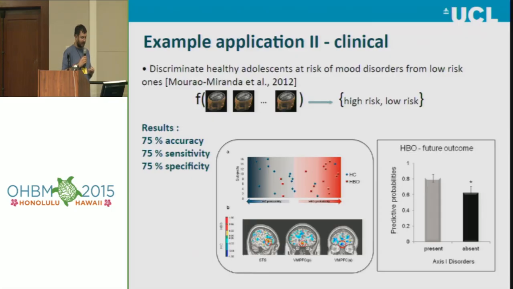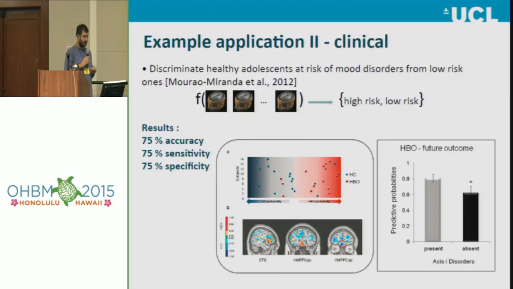But the interesting thing was that for the subjects who were at high risk, because the classifier actually gave probabilities of being at high risk or low risk, looking at just those subjects, the probabilities were in some sense associated with the clinical outcome after a few years.